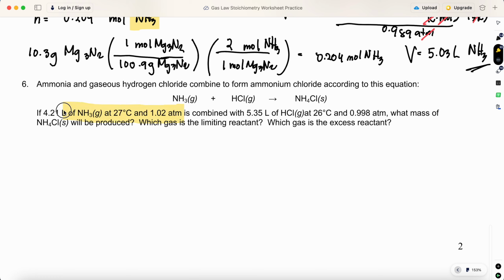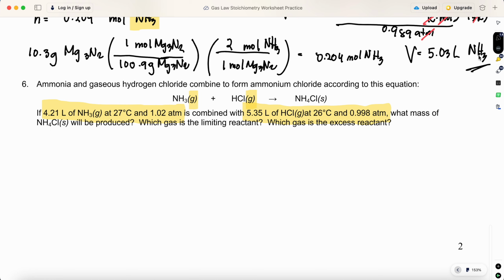So these are givens for NH3. And there are two gases here. It's combined with 5.35 liters of HCl at 26 degrees Celsius and 0.998 ATM. The question is, what mass of NH4Cl will be produced?